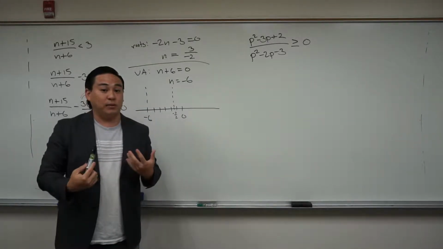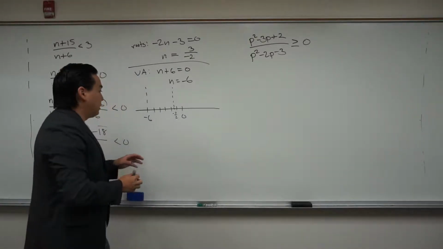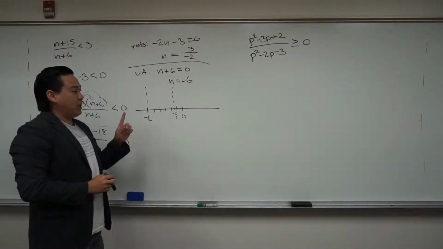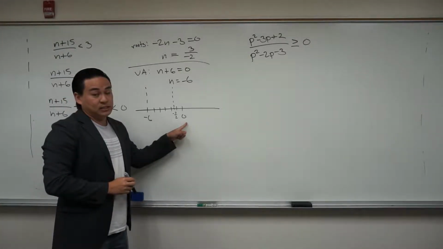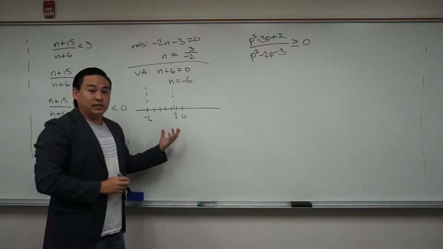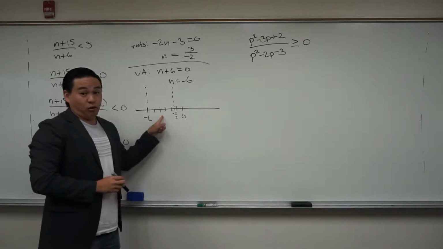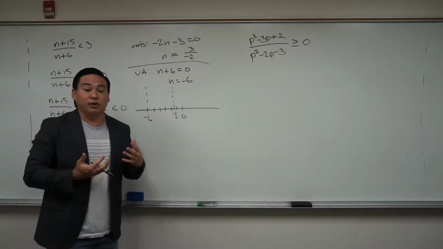So what we need to do is plug in a point. So plug in a number in one of these 3 intervals. If you can, 0 is usually the easiest one to do, but you don't need to use that. You can plug in minus 1,000, you can plug in negative 4. It just depends on what interval you're talking about.